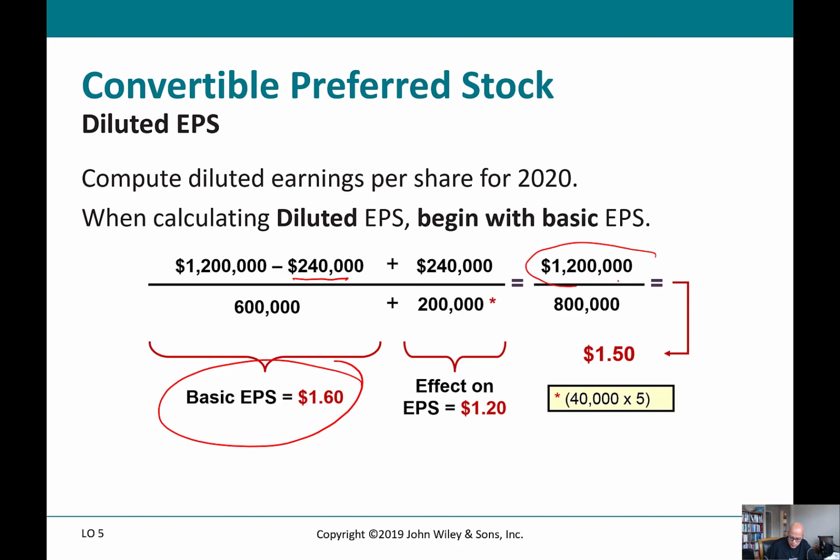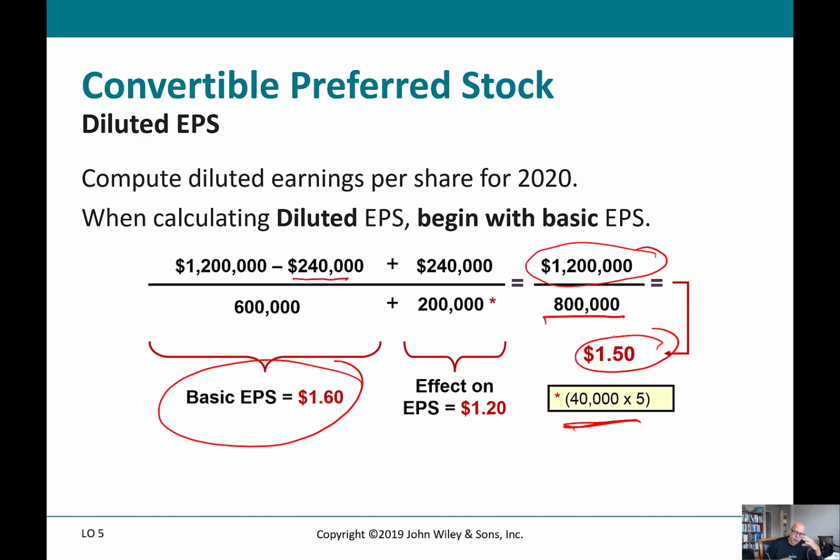So we just pick up the net income without subtracting the preferred dividend, right? And then we would have had, what, an extra 200,000 shares outstanding because it was 40,000 shares of preferred, but those were good for, if they were converted, for 5 shares each of common. So we would have had an additional 200,000 shares. You take that 1.2 divided by 800,000, we come up with 150.